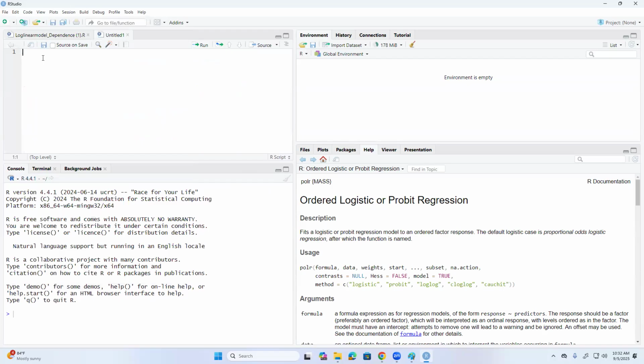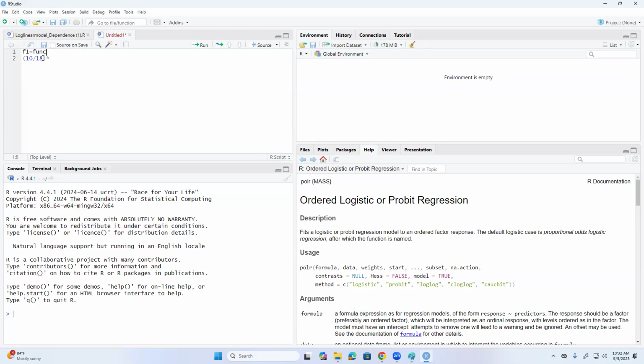Ten is to 8, so it will be 10/18 times the normal density. I'll write a function and show you the density function of this mixture distribution.